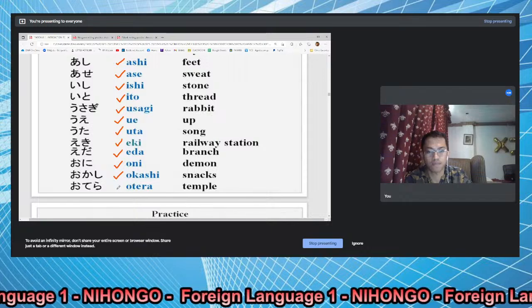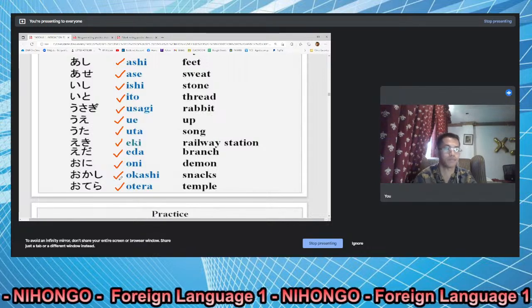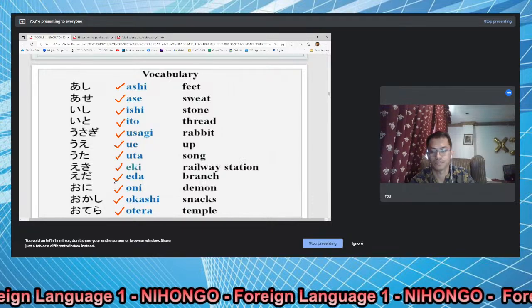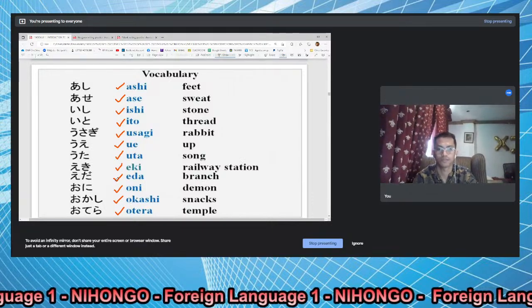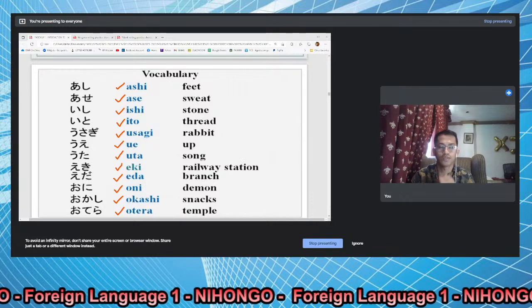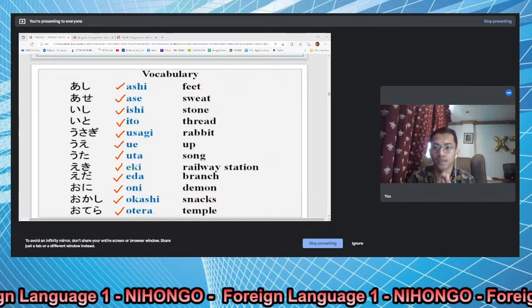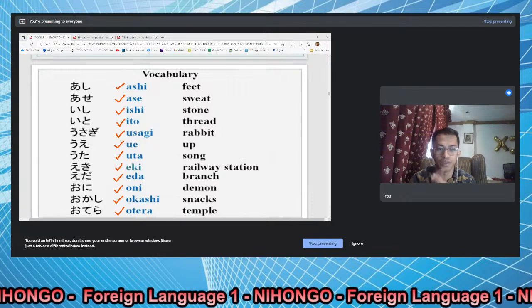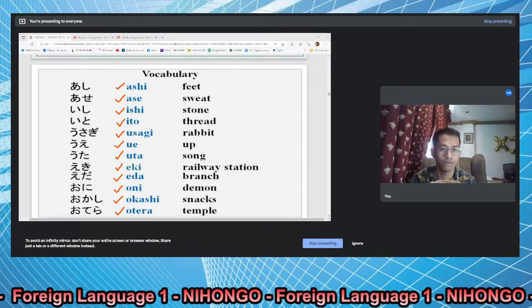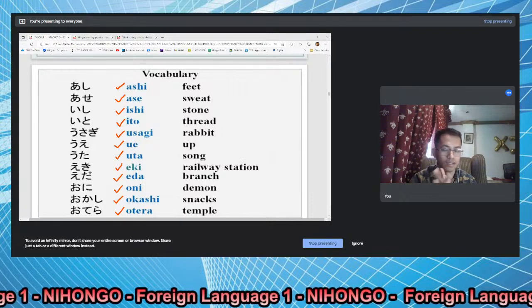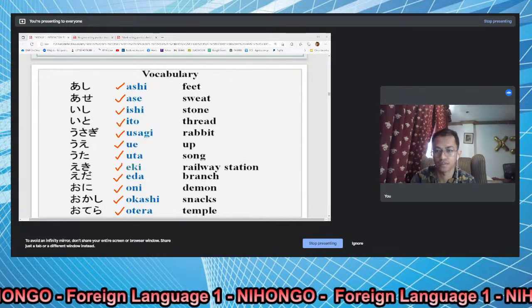And otera, which means temple. So those are the vocabulary words that you have to learn for the hiragana set, or hiragana vowels.